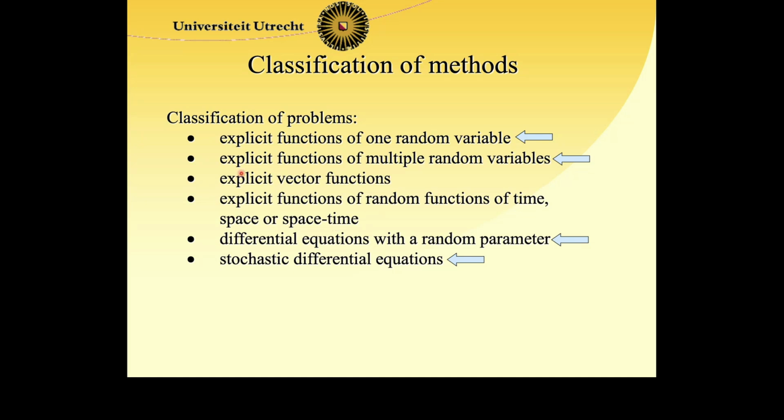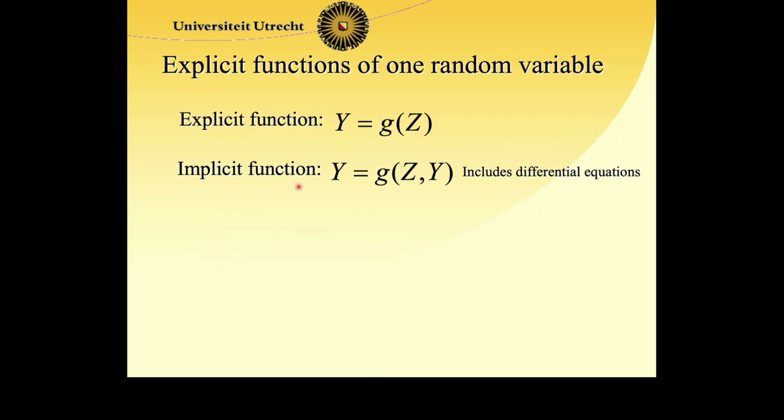Now, one thing I have to explain first is that we are talking about explicit and implicit functions here. And what do I mean with that? Well, explicit means that there's a so-called closed form expression between y and z. So if I know z, I can calculate what y is. But if I have an implicit function, then you see that the output is on both sides of the equation.